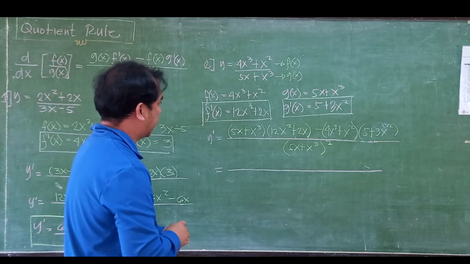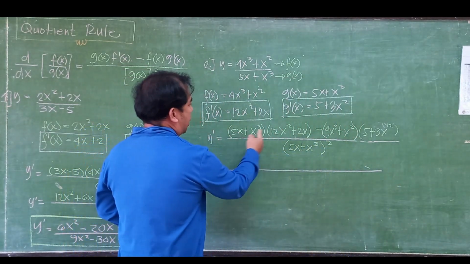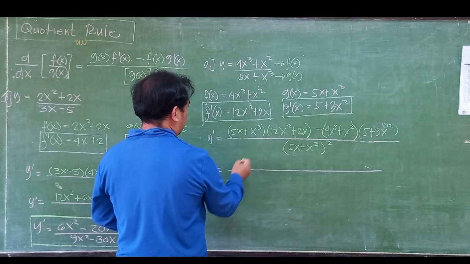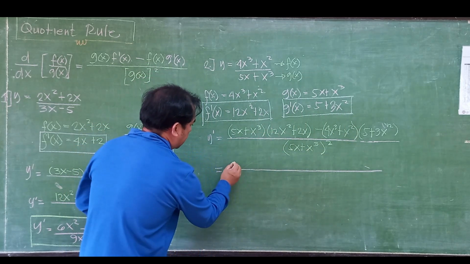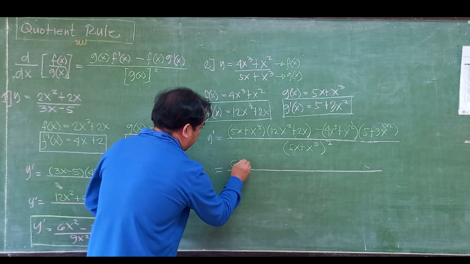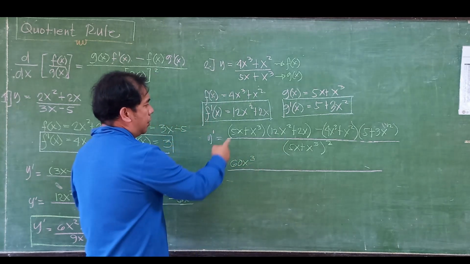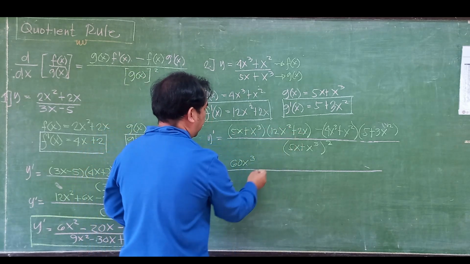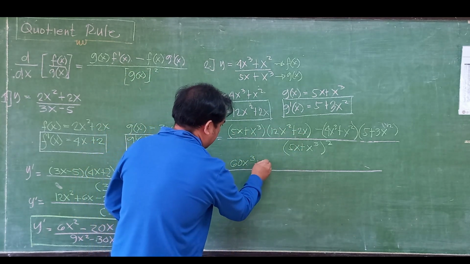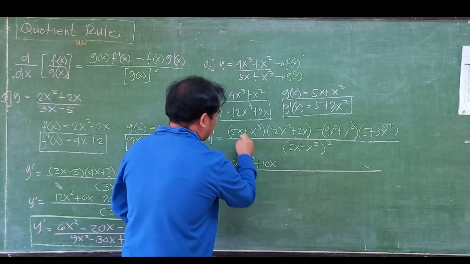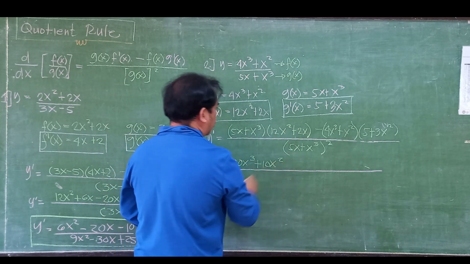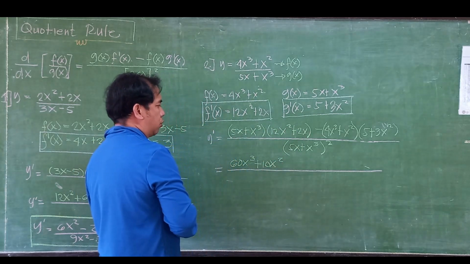So when we multiply, 5x multiplied by 12x raised to 2 will give you 60x raised to 3. 5x multiplied by this one will give you plus 10x raised to 2.